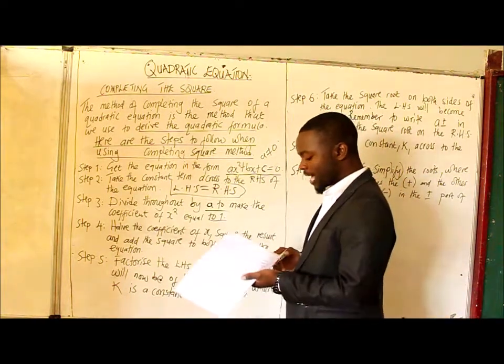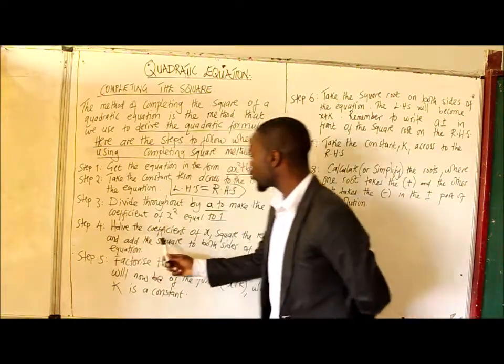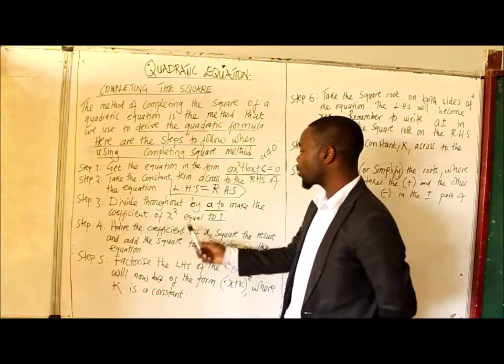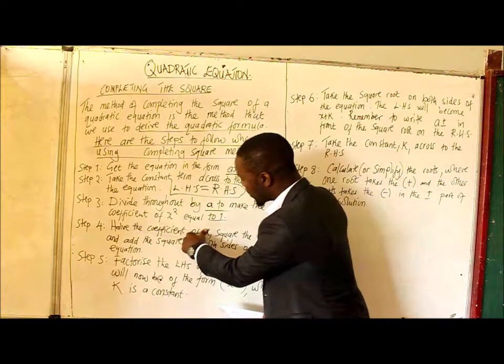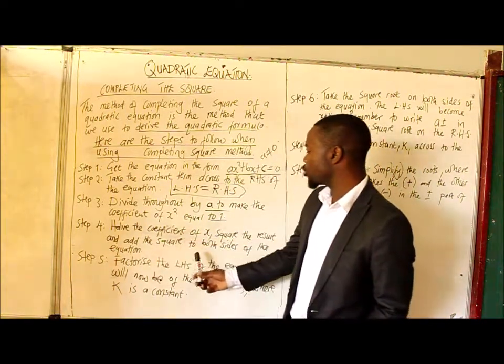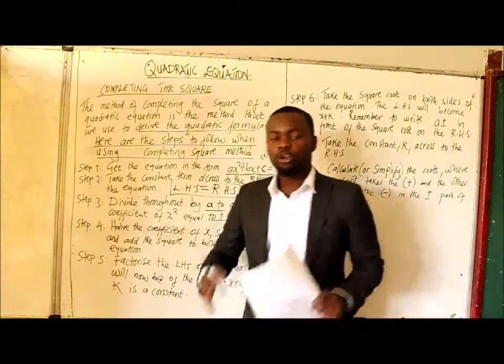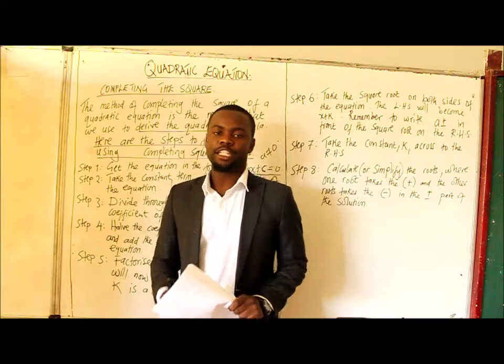Okay, when you do that, go to step 4. Step 4 is saying, have the coefficient of x, half it, square the result and add the square to both sides of the equation. We know the coefficient of x is what? It's b.